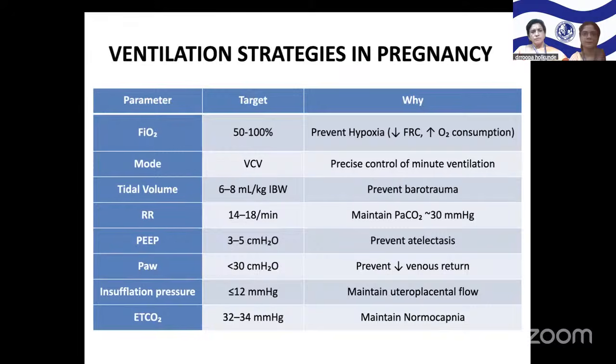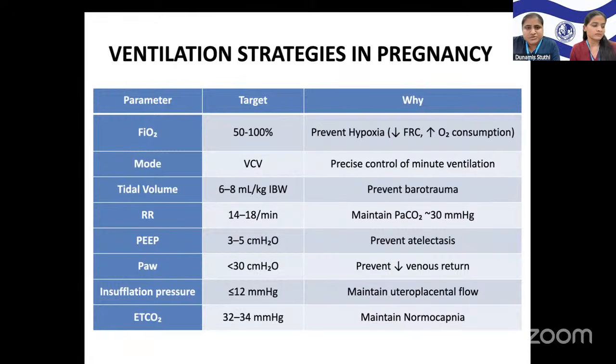Next, once induction and intubation are done, we put on the ventilator mode. We prefer volume control ventilation and maintain FiO2 of 50 to 100% to keep saturations of more than 95%, so that we prevent hypoxia and there will be better oxygenation for the fetus also.